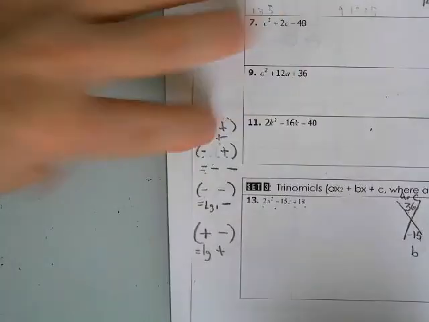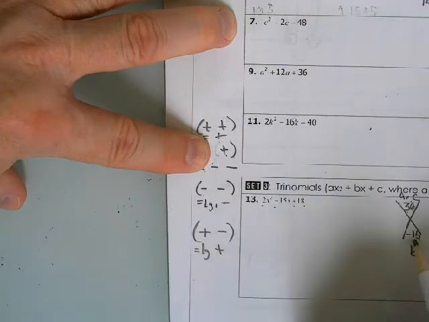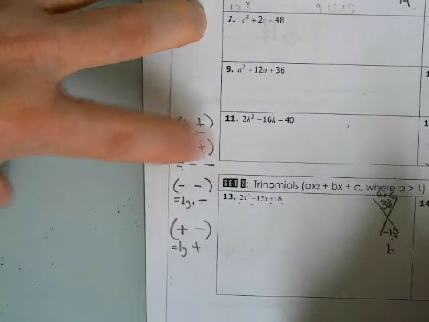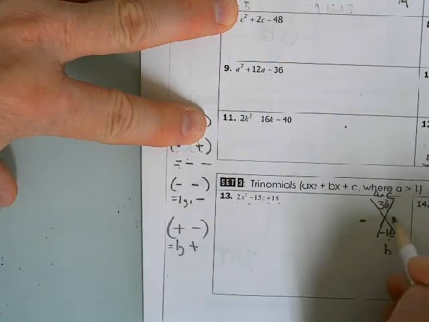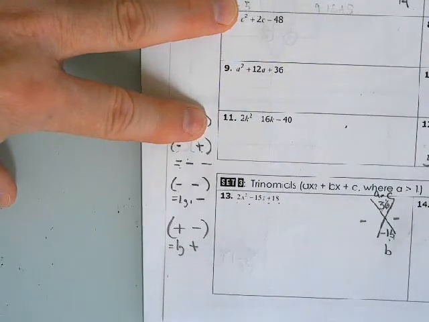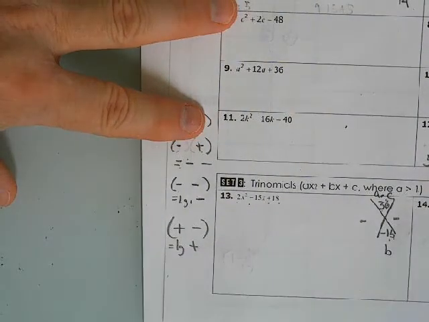So I don't know if you recall that or not. So factors of 36 that add up to negative 15. So we're going to have two negative numbers here. Can anyone think of two factors of 36 that add up to 15?